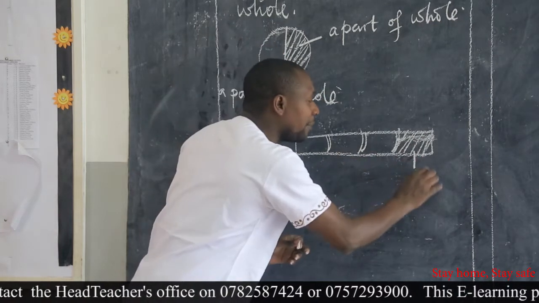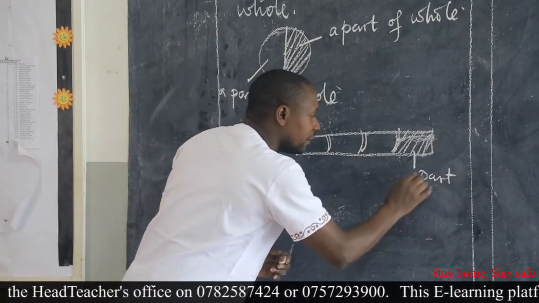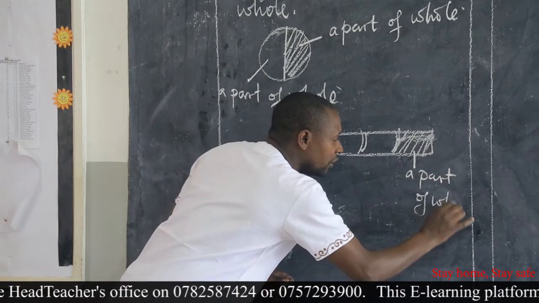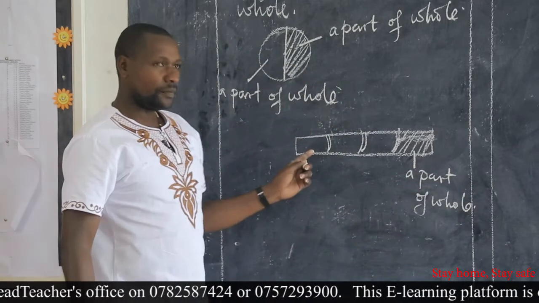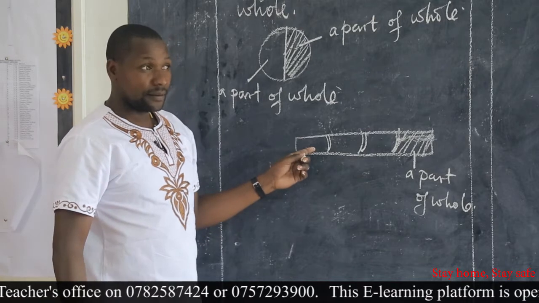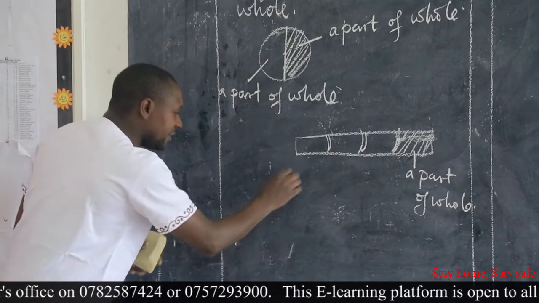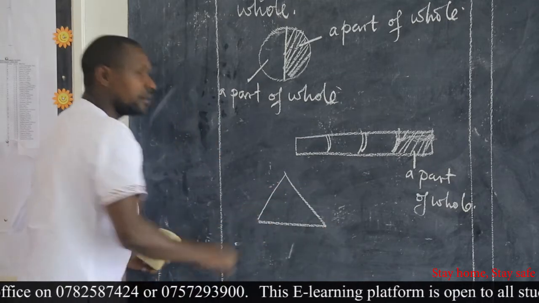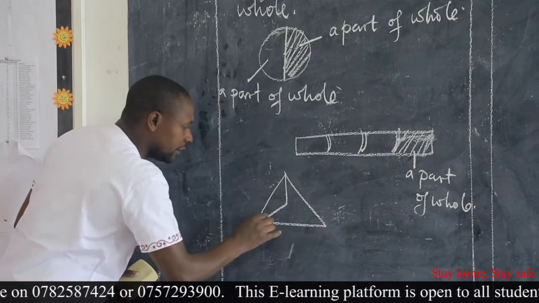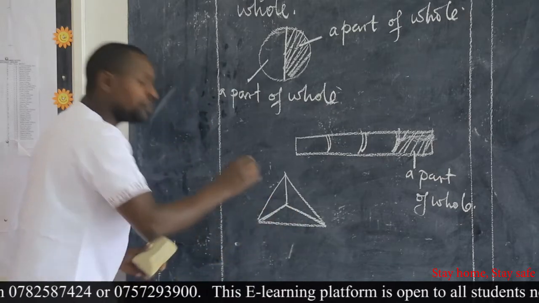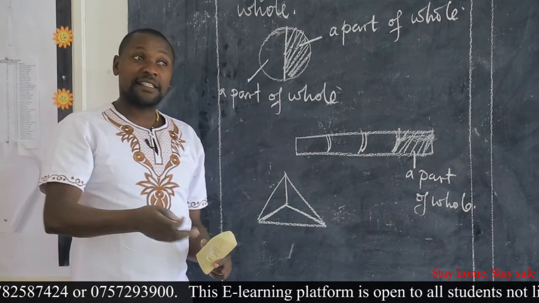So we call this one a part of a whole sugar cane. Hope we are together. Like you can imagine other things, this can be a whole, and you can split it into other smaller parts.